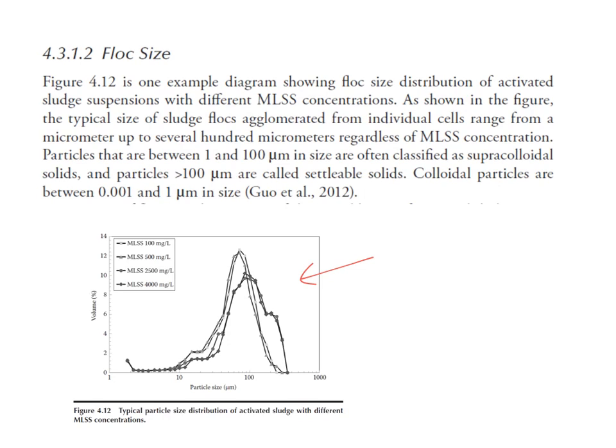So when we have MLSS of 100 milligram per liter and 4,000 milligram per liter, the particle size distributions are different. We can see that the particle size is shifted to the right side, which means as the MLSS increases, in this case, the average particle size also increases.